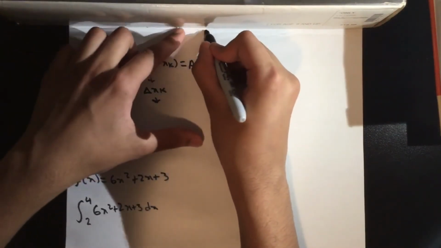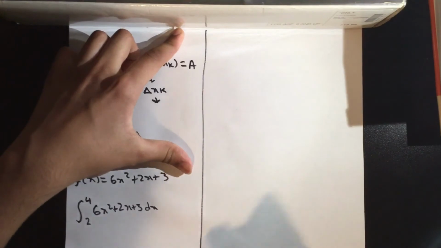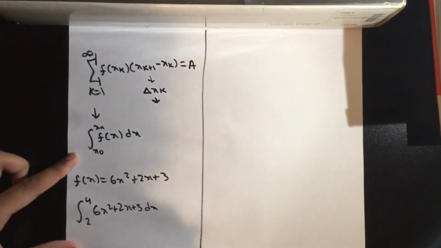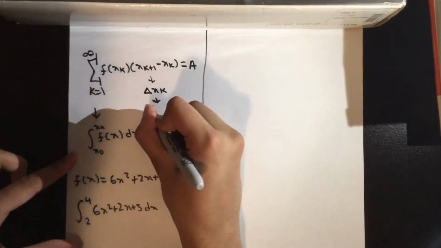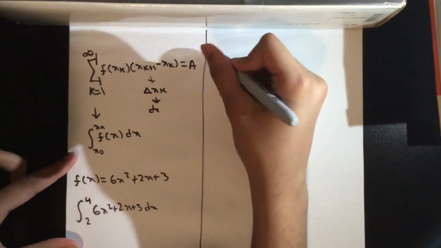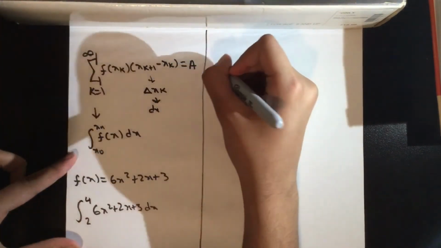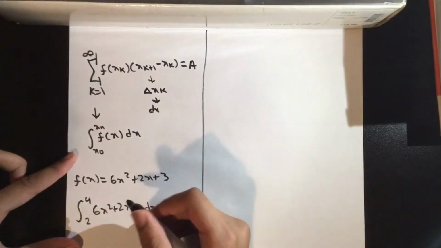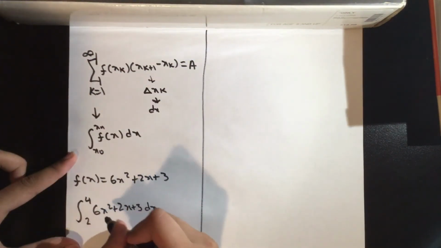And how do we actually evaluate this? Well, the integral is the antiderivative. It's the opposite of a derivative, and I'm not going to go into why this is, just take it as my word. So the integral of this would be, for 6x squared, what would we need to differentiate to get there?